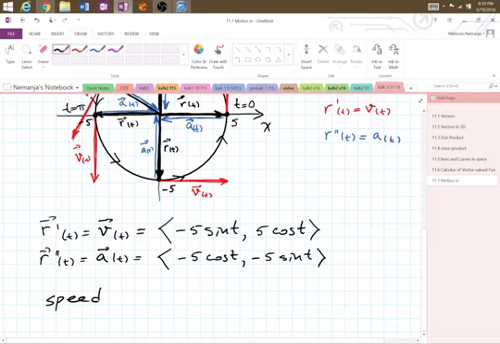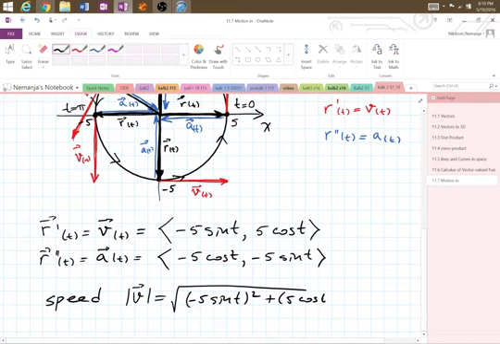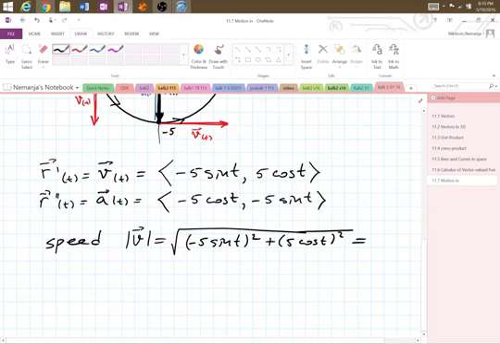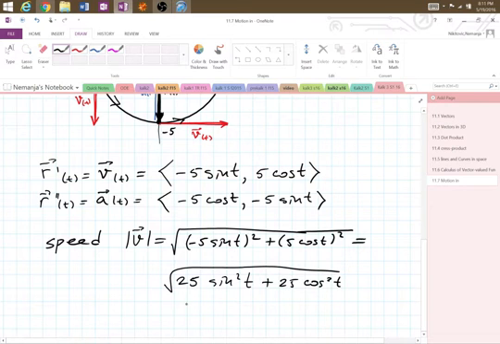Okay, so we have the speed is the magnitude of the velocity vector, which means the square root of (-5 sine t) squared plus (5 cosine t) squared. And then when we square this, we get 25 sine squared t plus 25 cosine squared t, from where we factor out 25 and then kick it out in front of the square root.